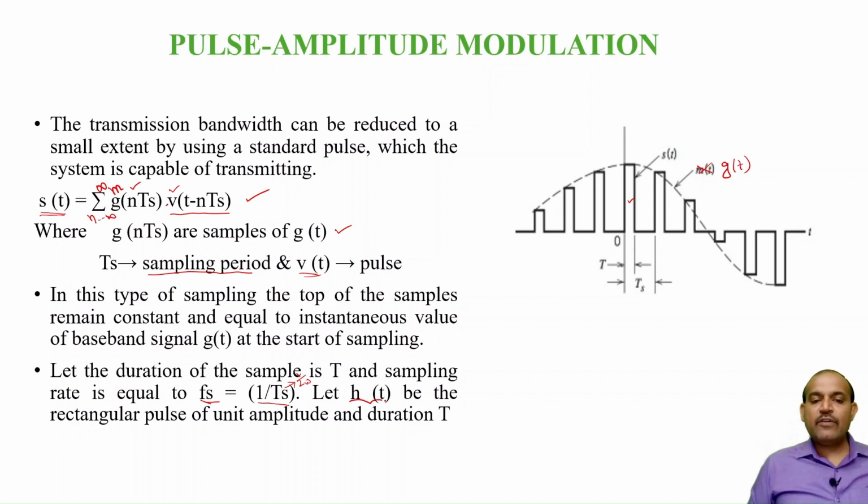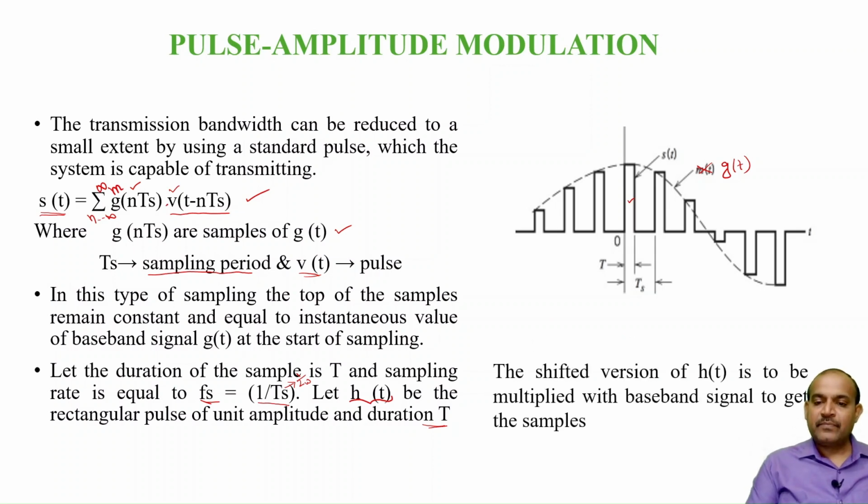Let h of t be the rectangular pulse of unit amplitude and duration T. I will consider one rectangular pulse whose amplitude is 1 and the duration is T. Such a rectangular pulse I represent as h of t, and this has to be multiplied with g of t, the input signal, so that you get s of t.